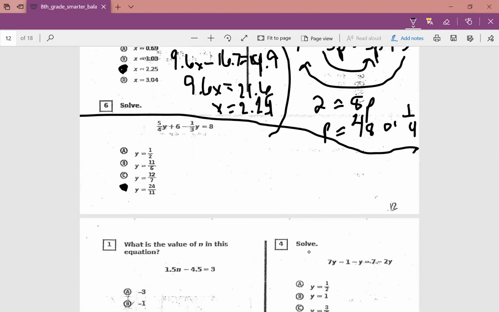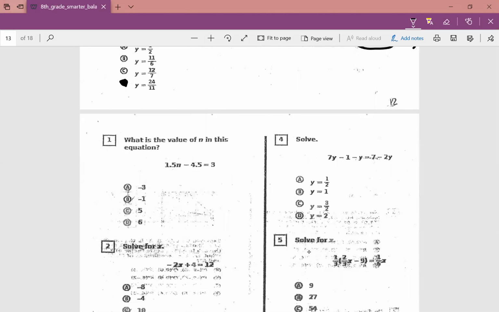All right, moving down. Let's see, I think we're on the next page now, which is page 13. What is the value of n in this equation? So here we want to add 4.5 to both sides. 1.5n equals 7.5.